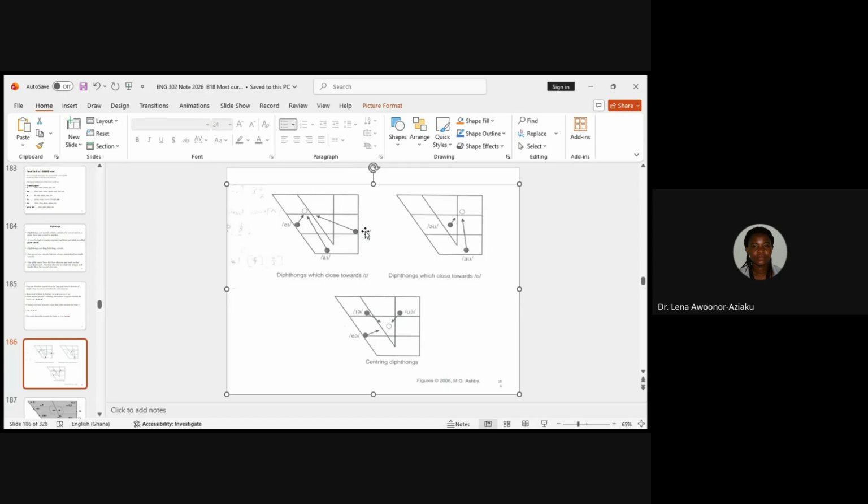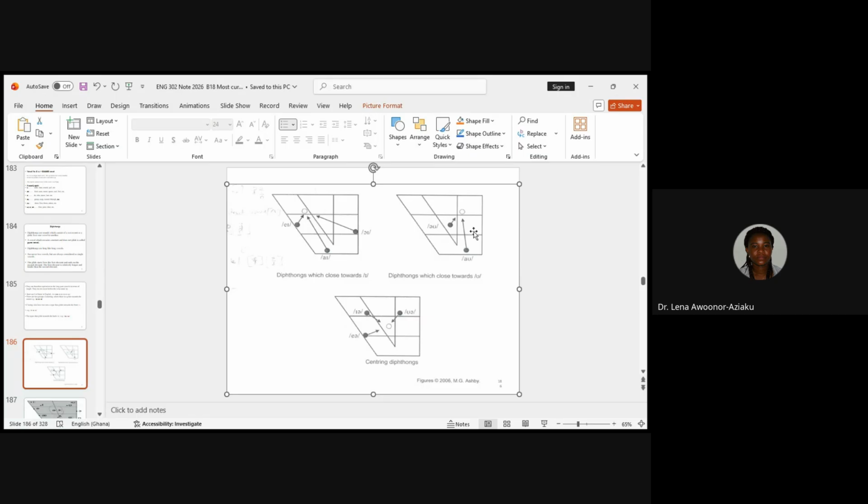The third one starts from a mid closed vowel, but when you are writing, don't bring the two dots, and ends on this. So this is what a closing diphthong towards E is.